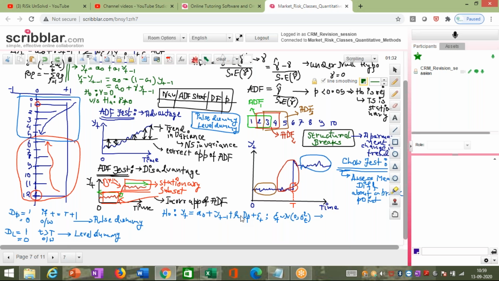Given that the level dummy is there, or let's say that both the dummies are not there, then we should identify which is the one that we are trying to accept. So the null hypothesis clearly says that it tries to show the one-time jump in the level of a unit root process.